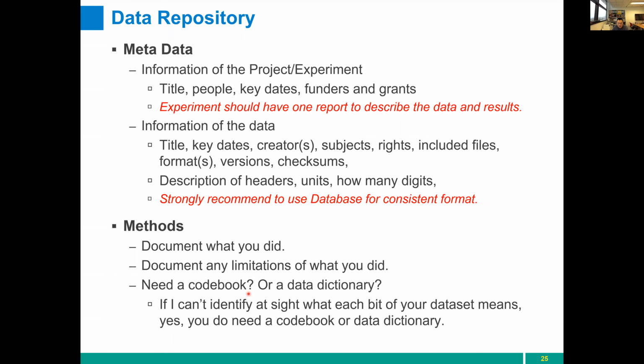You need a code book, and if you read from GitHub, the programmers that code the scripts, when they write the scripts, they always have a description in there. That's a very good habit in your data collection process and data repository process. So if I cannot identify at a glance what each bit of the data set means, you do need a code book or data dictionary to explain your data sets.